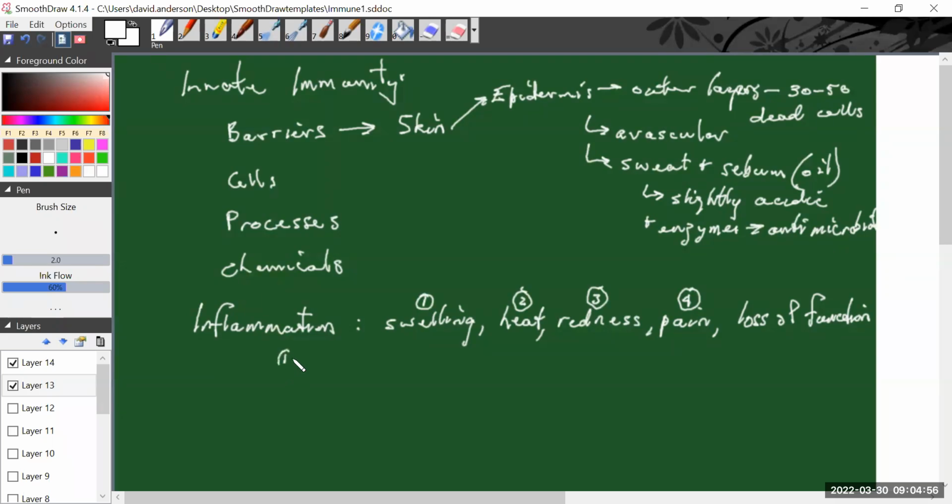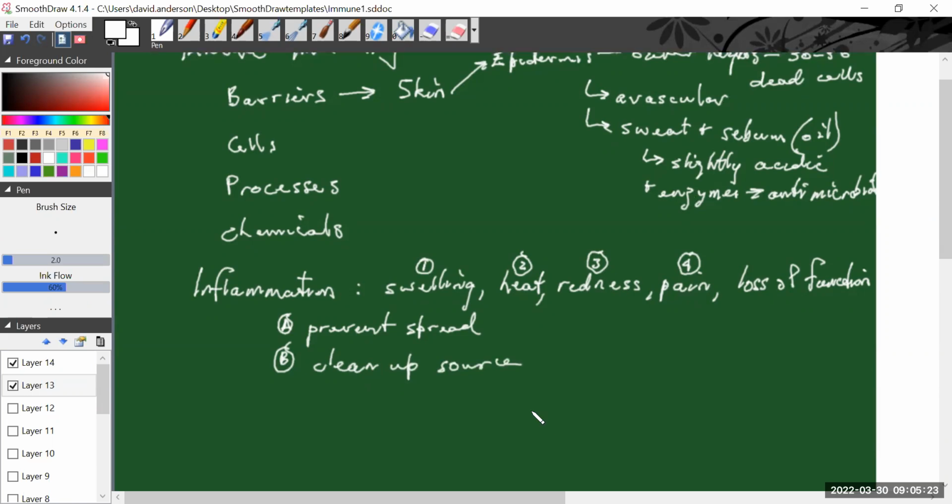What's its purpose? The purpose is to prevent spread, so maybe we'll put the letters in here, and to clean up the source of the inflammation, whether that's injury or infection. We're going to activate some mechanisms that are going to clean things up. So that's cleanup.